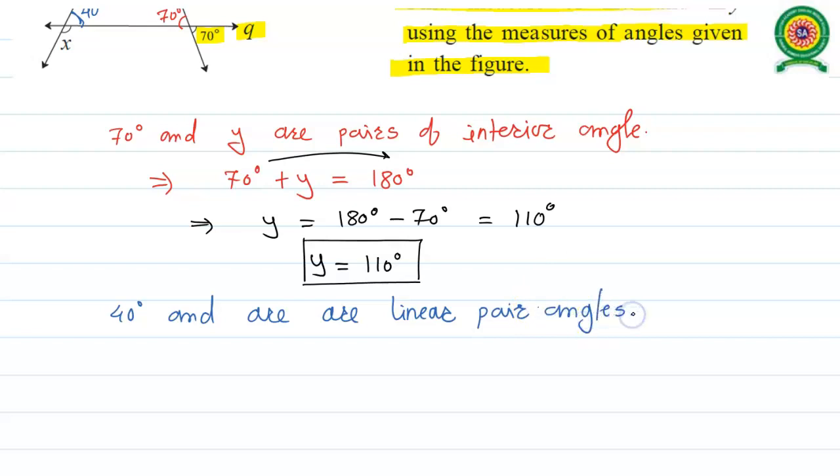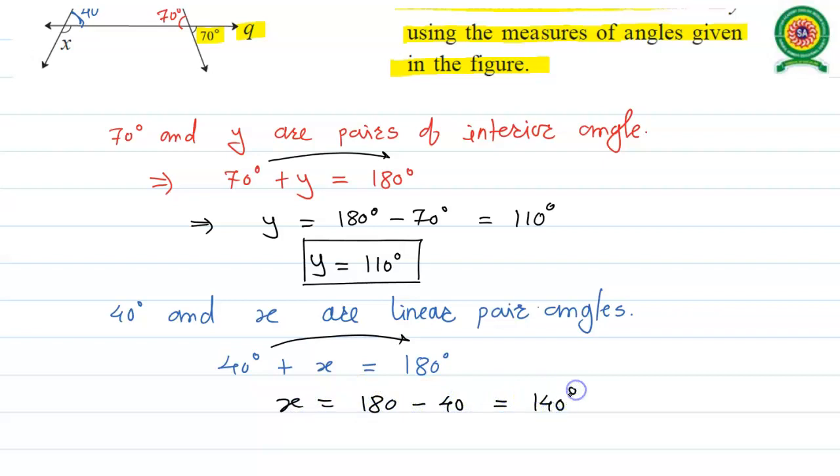Everyone knows the sum of linear pair angles equals 180 degrees. So we can write 40 degrees plus angle x equals 180 degrees. After shifting the 40 degrees from LHS to RHS, we get x equals 180 minus 40, which is 140 degrees. So x equals 140 degrees. Now we have the values of x and y as per the given figure.